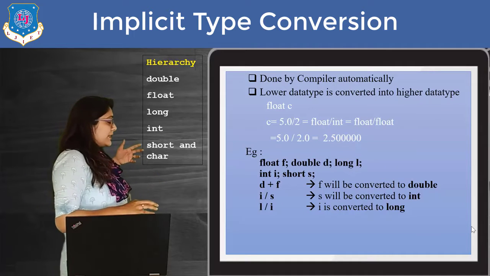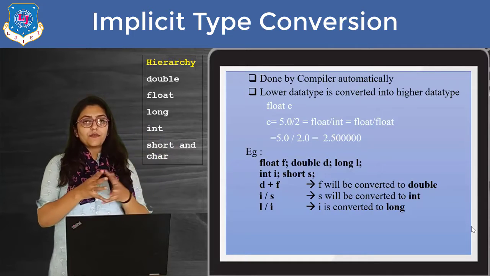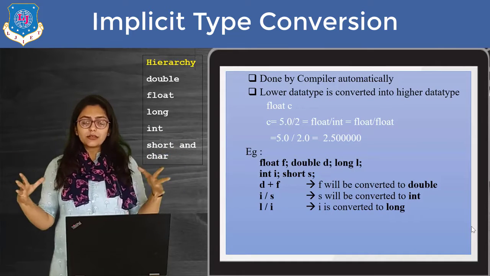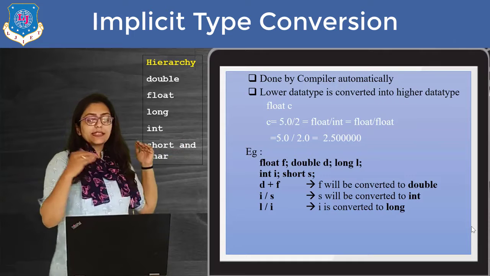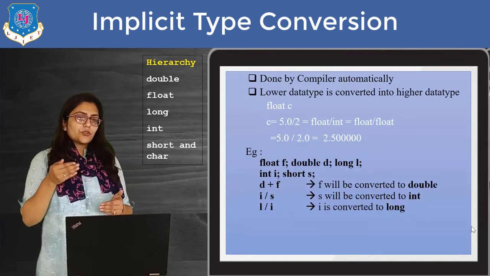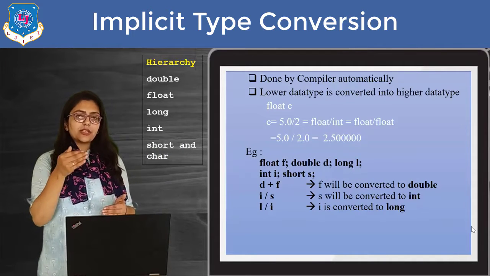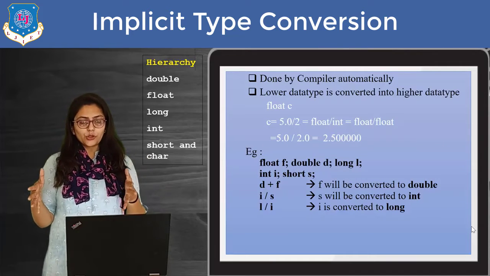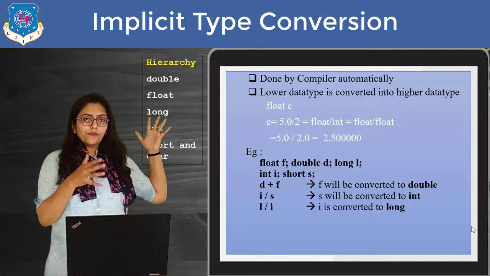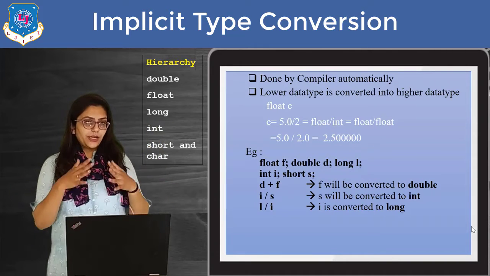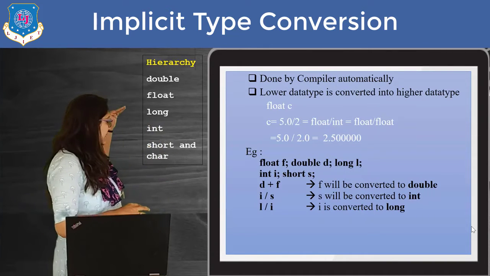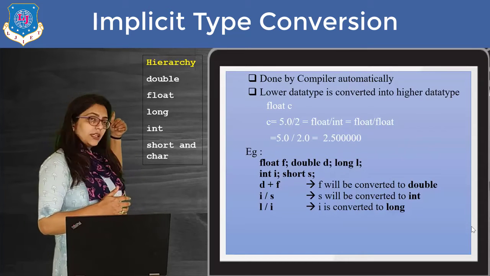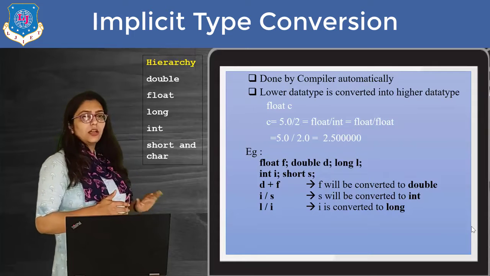Similarly, you can say that double data type covers more range of numbers and float data type covers a lesser range of numbers than double. Similarly, integer covers just positive and negative integers and zero, but float covers so many other numbers like floating numbers. So the domain of float is higher than that of integers. So I have given one hierarchy over here, in which the first is the higher data type and the last is the lowest data type.